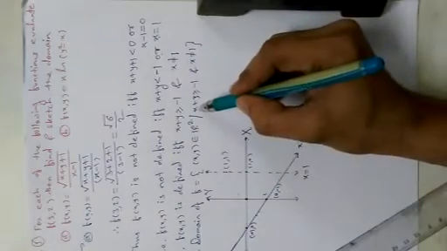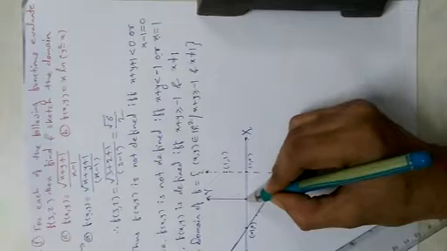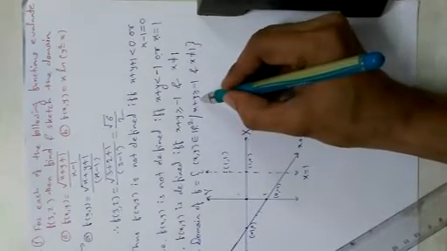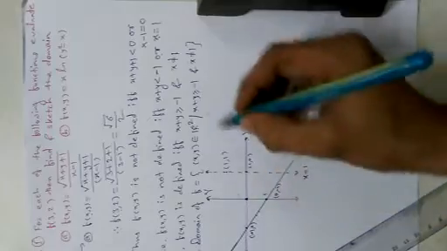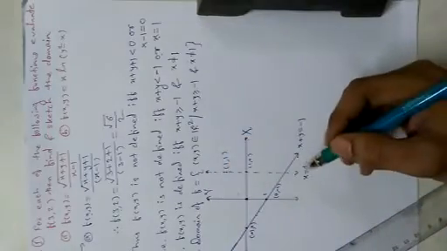Is this true or not? We have to decide. If we put x equal to 0 and y equal to 0, we will get 0 is greater or equal minus 1, which is true. And therefore, the origin is included in our domain.